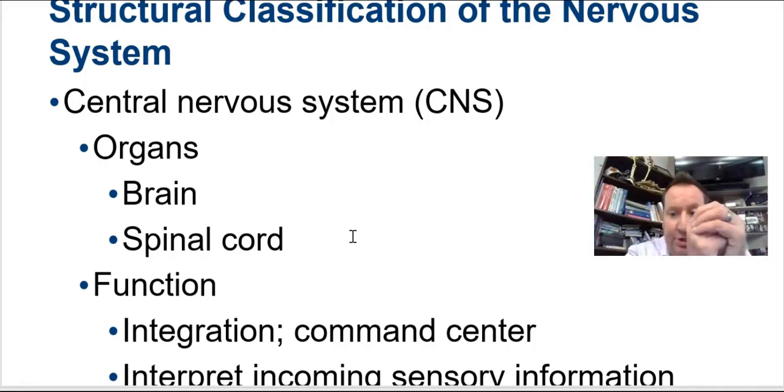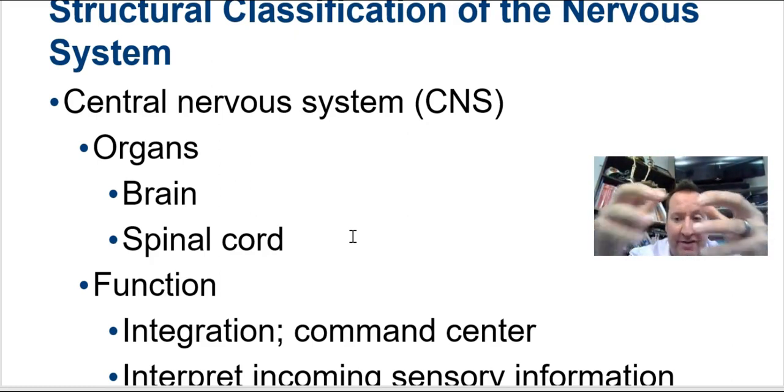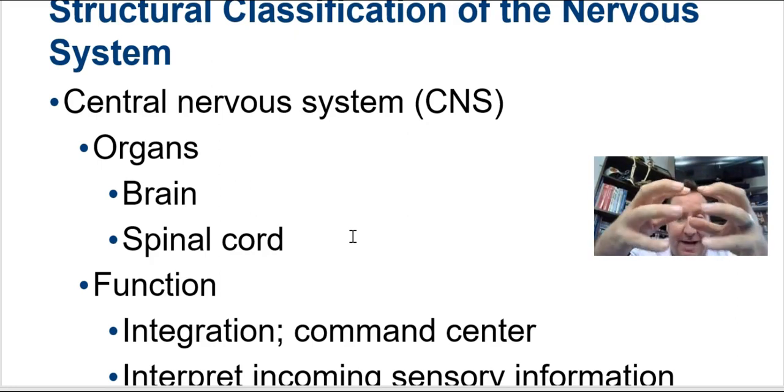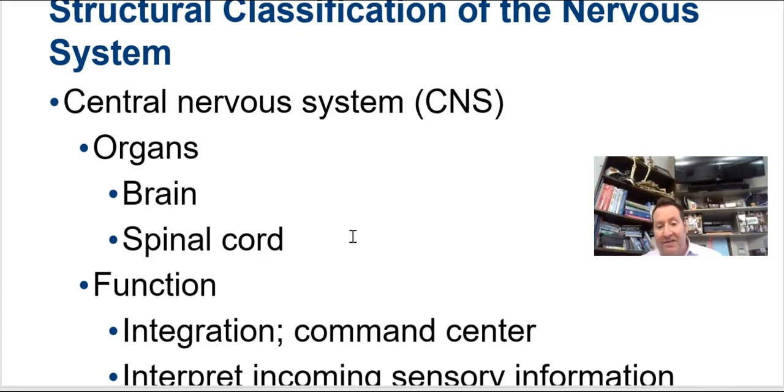So structurally, we break down the nervous system into the central nervous system and the peripheral nervous system. The central nervous system consists of the brain and the spinal cord. The function of the brain and the spinal cord is the command center.